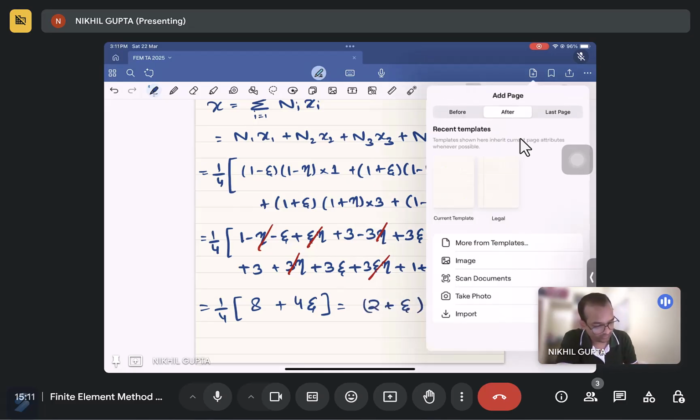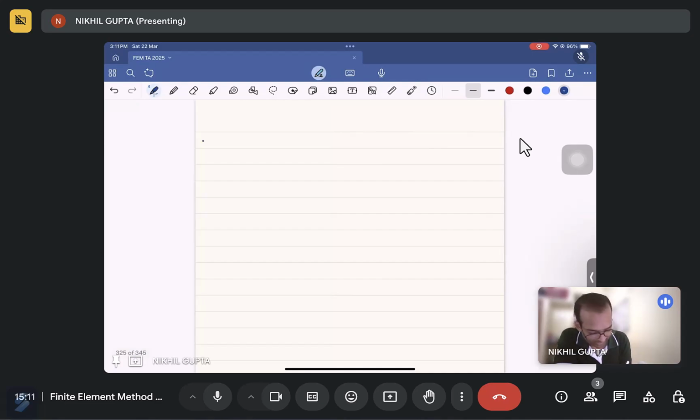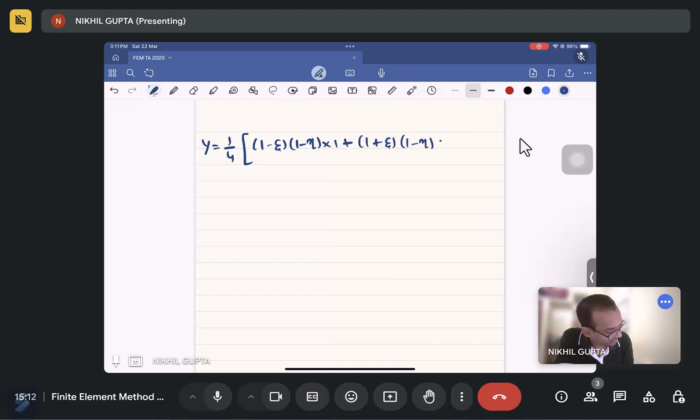Similarly, we can do it for y as well. While writing y, we can take 1 by 4 out, and write accordingly y1 and y2. This will be (1 minus xi)(1 minus eta) into 1, plus (1 plus xi)(1 minus eta) into 1, plus (1 plus xi)(1 plus eta) into 2, plus (1 minus xi)(1 plus eta) into 2.